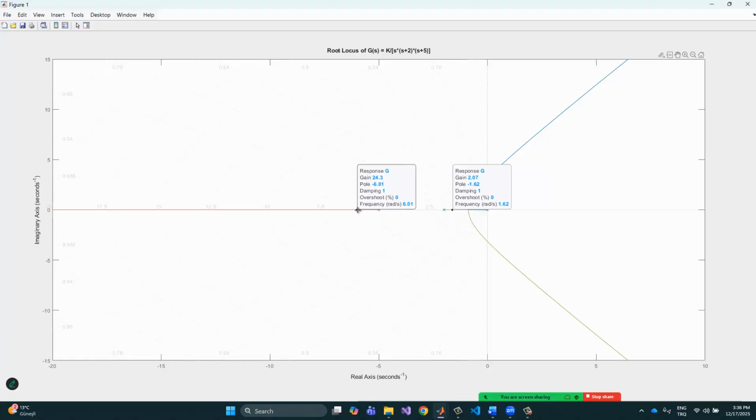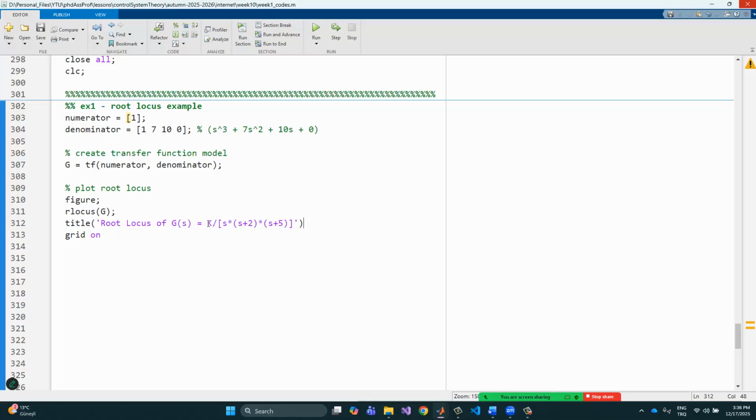Or if we choose the gain equal to 24.3, we have always stable systems. See? Each graph is plotted based on the changing values of the gain or k values in here.